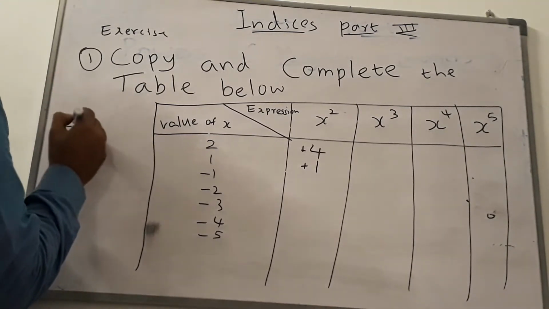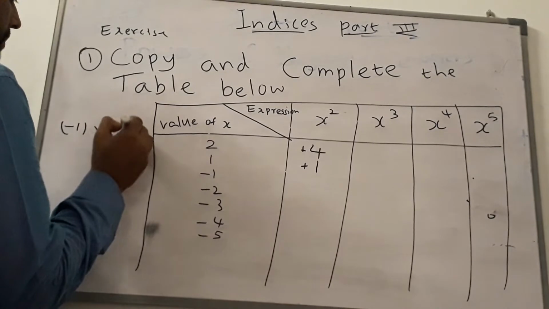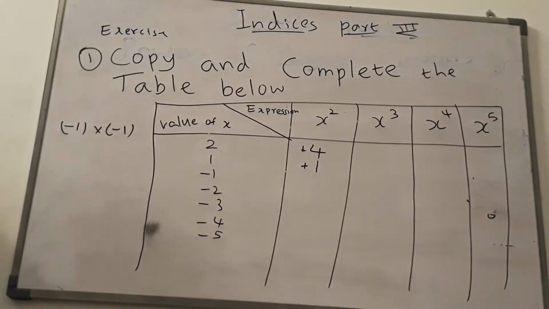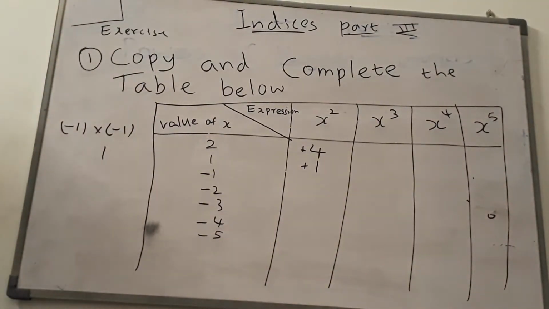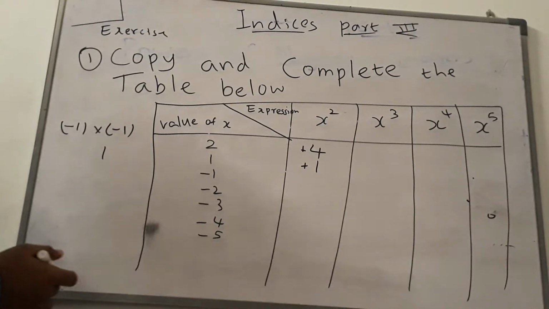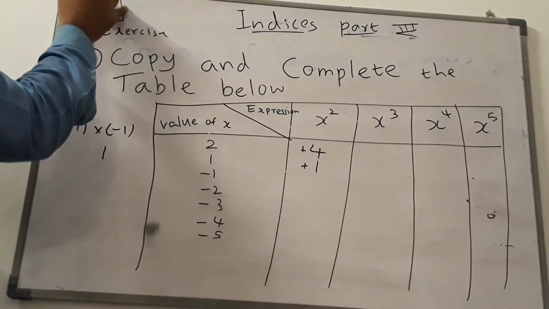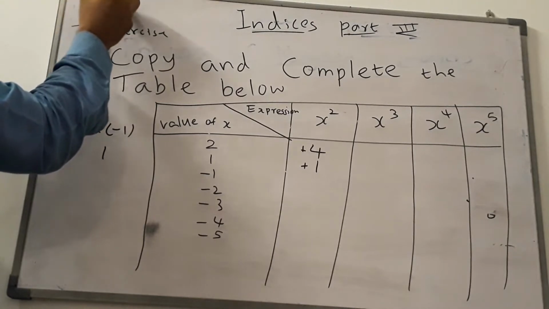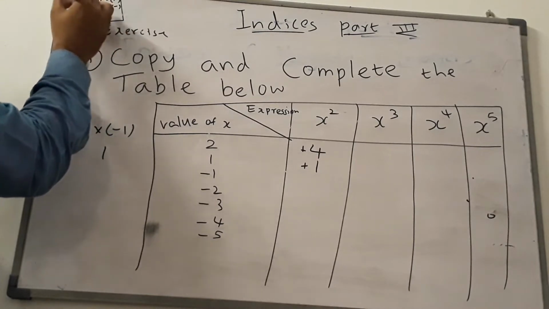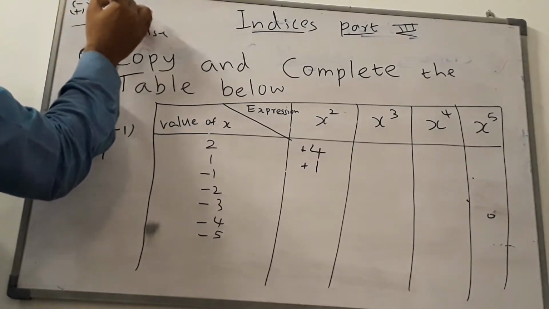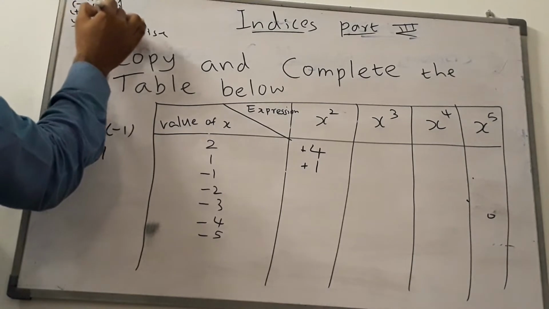Minus 1 squared means minus 1 times minus 1. What is that? 1 times 1 is 1, and minus times minus means plus. Recall directed numbers: minus times minus means plus, minus times plus means minus, plus times minus means minus, and plus times plus means plus.